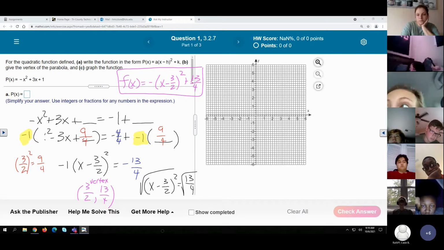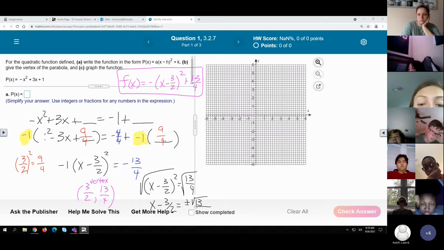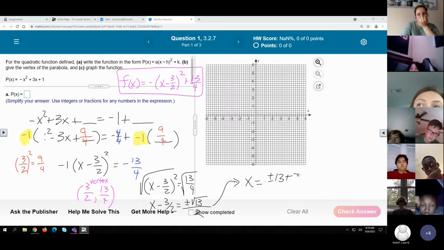Take the square root of both sides. x minus 3/2 is equal to positive or negative square root of 13 over 2. And that's going to equal x is equal to positive or negative square root of 13 plus 3 over 2.